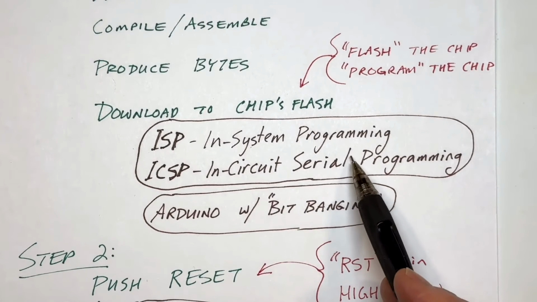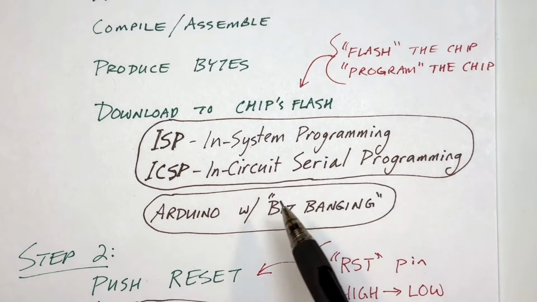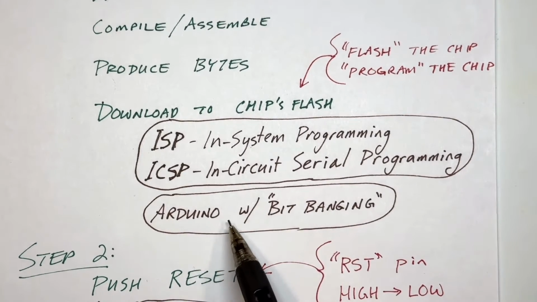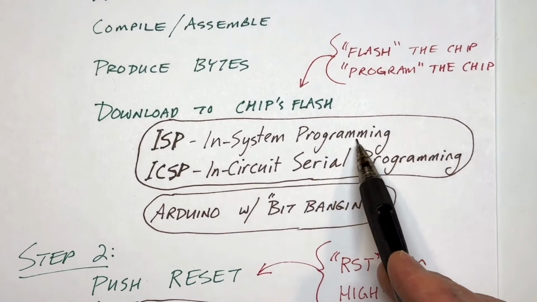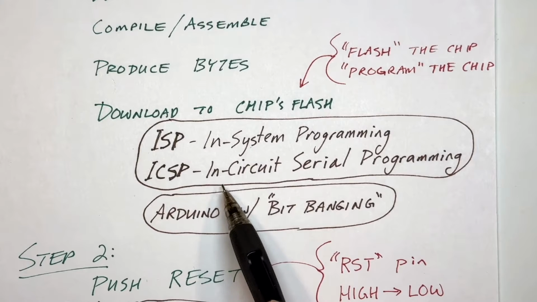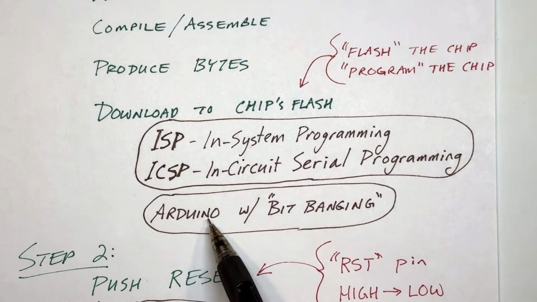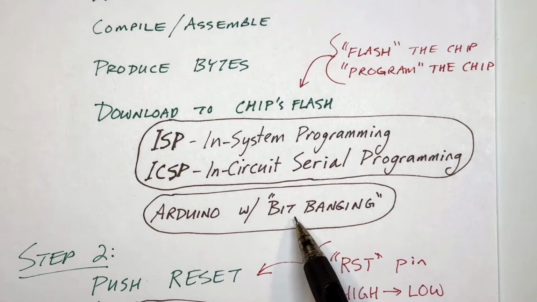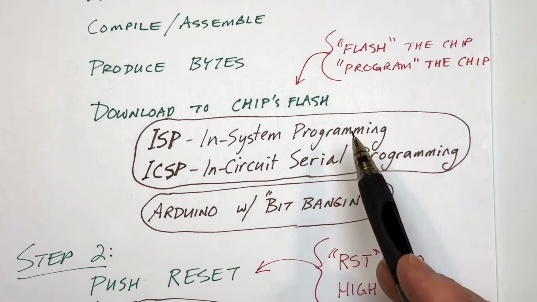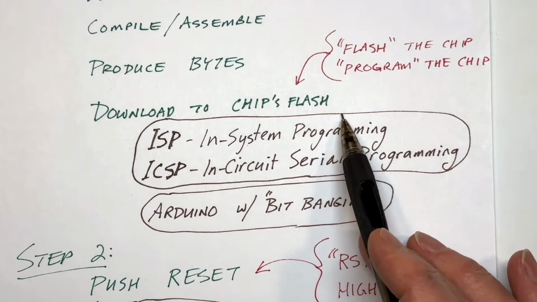And what we're going to be doing in our demo at the end of this video is using an Arduino separately to do the in-system programming. So I'll show a simple Arduino program that will send the bytes to the 8051 and thereby update the flash memory.